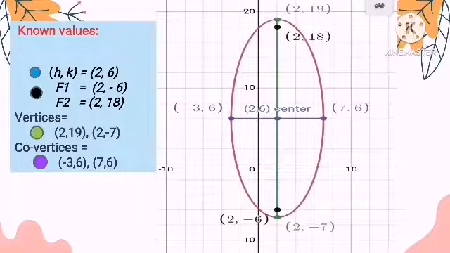And here in the left side, we can see the coordinates needed in our graph, alongside the color of points that point out which of those points in the graph they are. So the blue one is the center or the h, k, and the black ones are the foci, and the green ones are the vertices, and the co-vertices are the violet ones.